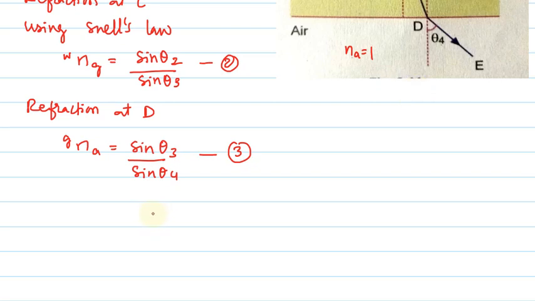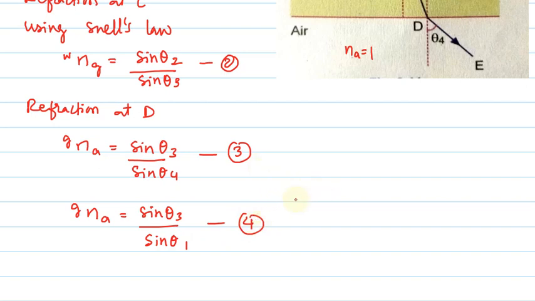Then we can write expression 3 as refractive index of air with respect to glass equals sine theta 3 upon sine theta 4, which is sine theta 3 upon sine theta 1 because theta 1 equals theta 4. Let me represent this as expression 4.